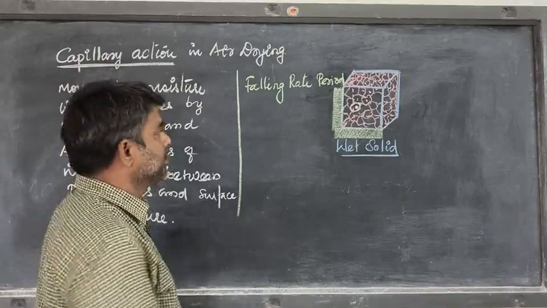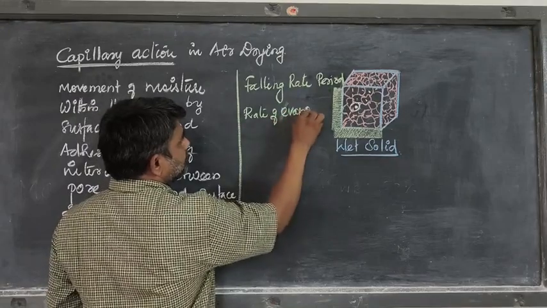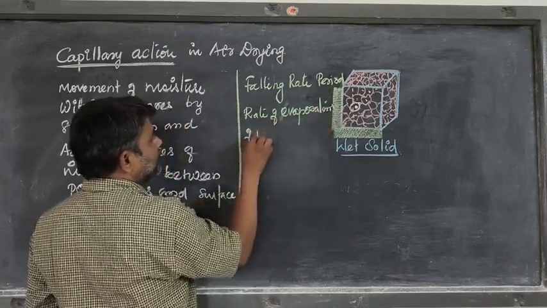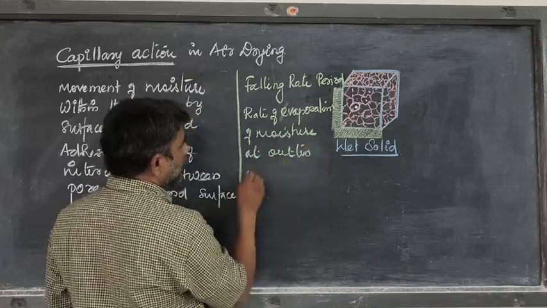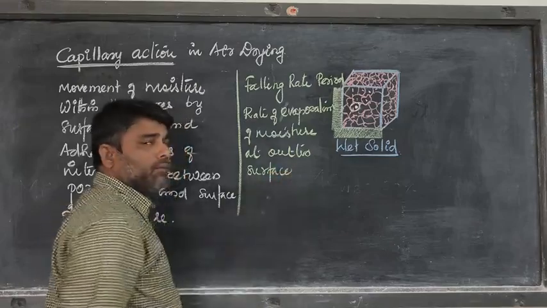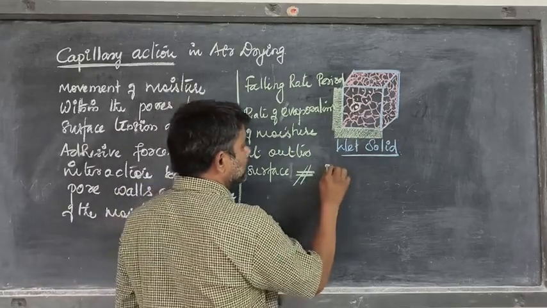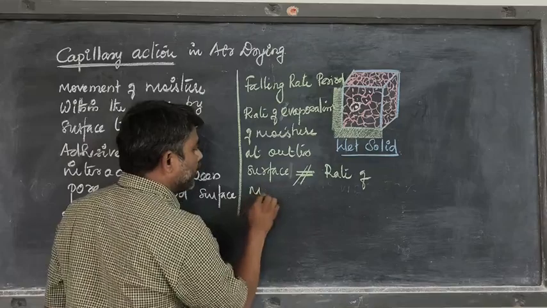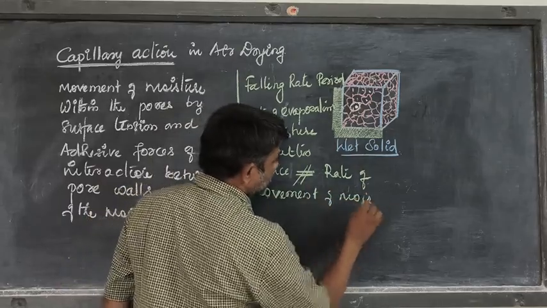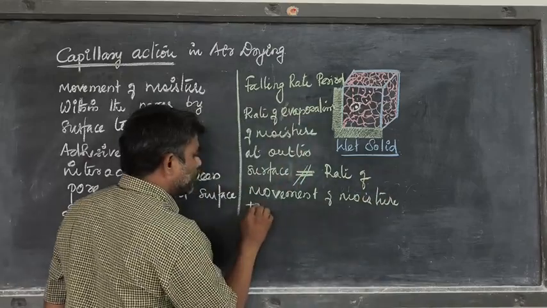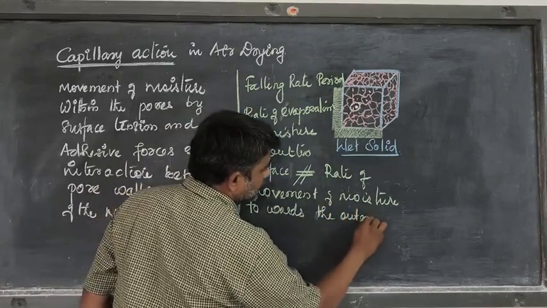Listen, the important point is, in falling rate period, the rate of evaporation of moisture at the outer surface will not be equal to the rate of movement of moisture towards the outer surface.